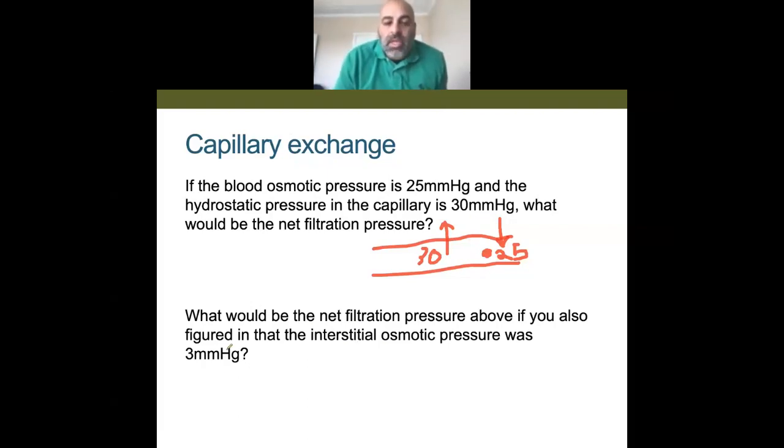Okay. Now here's where we alter things. The next question. What would be the net filtration pressure above if you also figured in that interstitial osmotic pressure was 3 millimeters of mercury? So they're saying over here, there is a pull into the interstitium of 3 millimeters of mercury. So now what is it? So it would just be two.